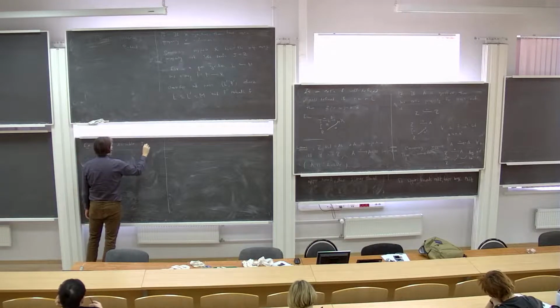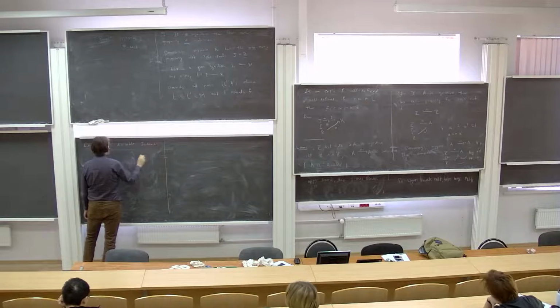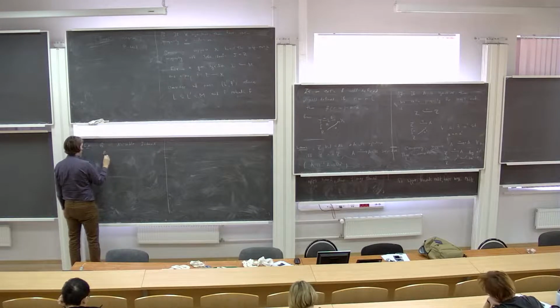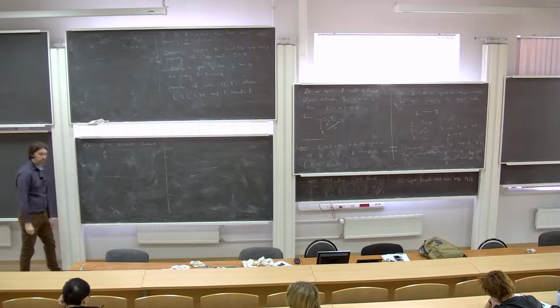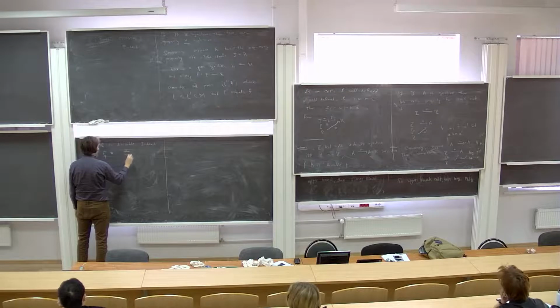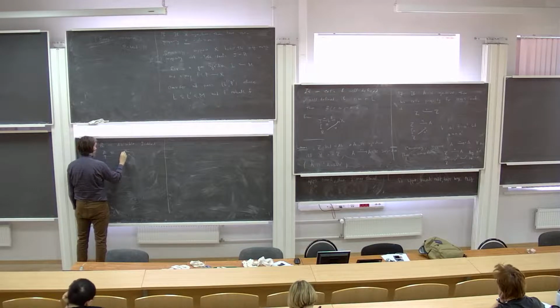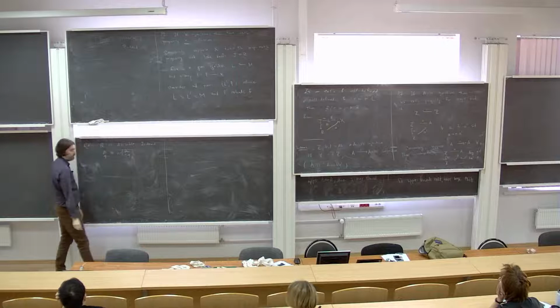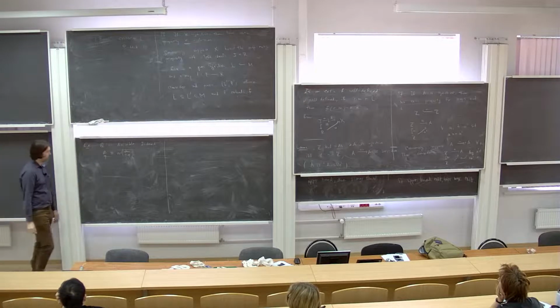Indeed, if I have an element of the form p over q, then I can write it as p over nq times n for any non-zero n.